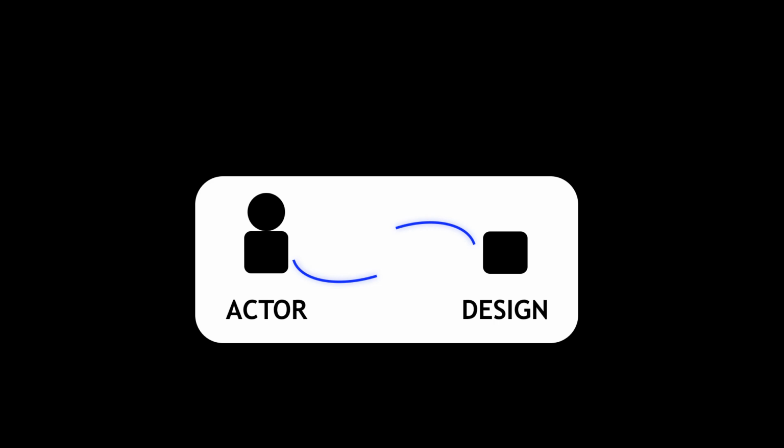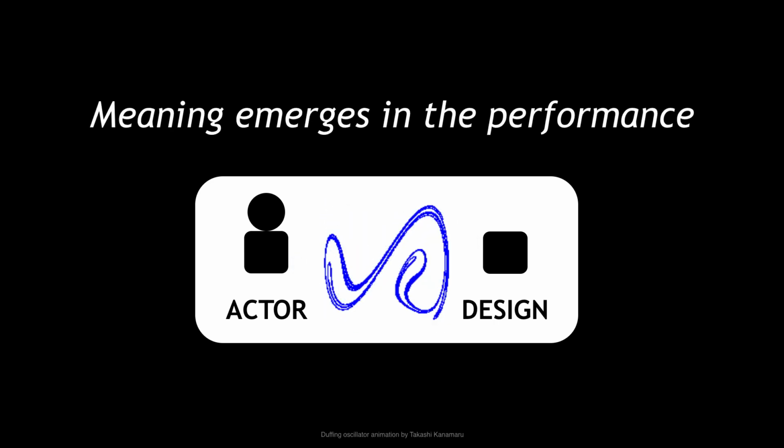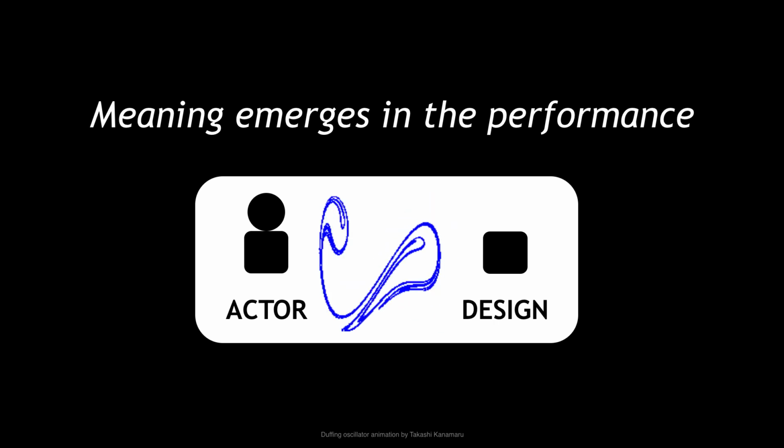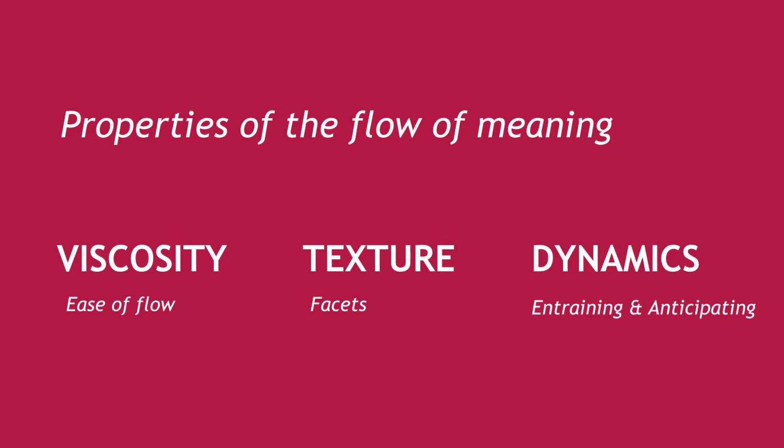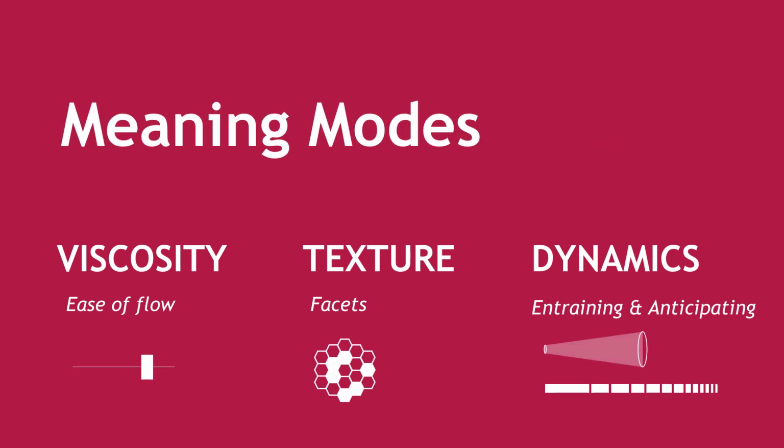When an actor engages a design, meaning emerges in the performance of the actor acting with the design. Meaning is flow, and flows have properties. We'll look at the way we can use these as design dials to tune the meaning mode of our design to suit the situation.